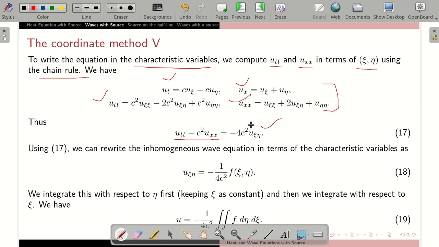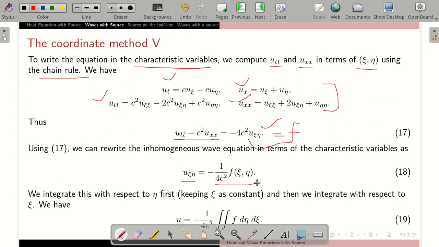You get utt minus c square uxx equal to minus 4c square u_xi_eta after simplification. Since utt minus c square uxx equals f, minus 4c square u_xi_eta equals f. So u_xi_eta equals minus 1 by 4c square f(xi, eta). Now f depends on xi and eta, as x and t further depend on xi and eta.